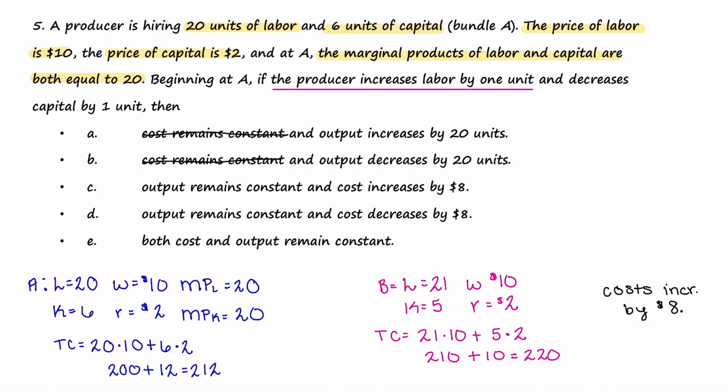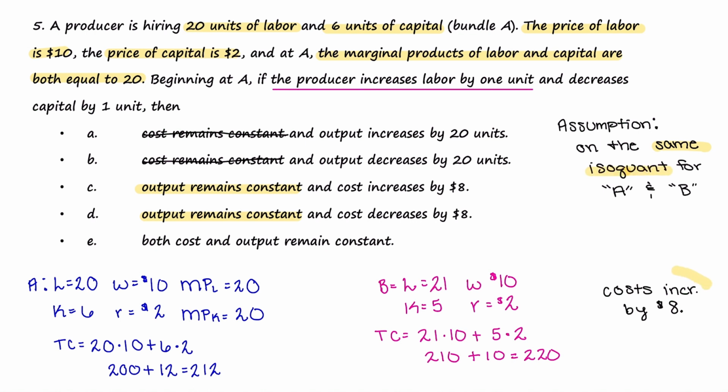We are making the assumption that we are on the same isoquant for A and our B that we just kind of named B. So our output will remain constant because we're on the same isoquant.